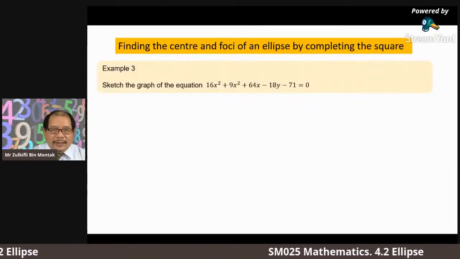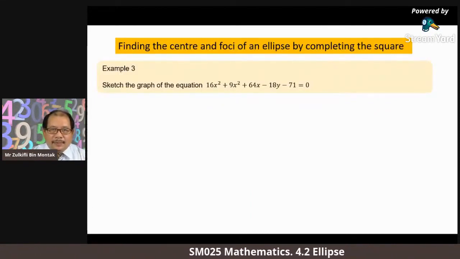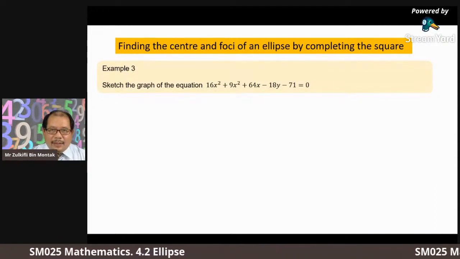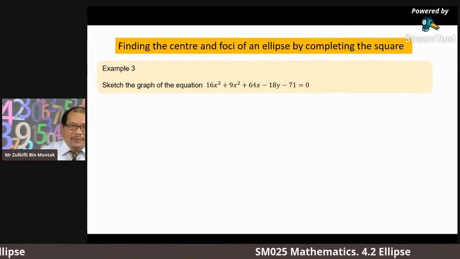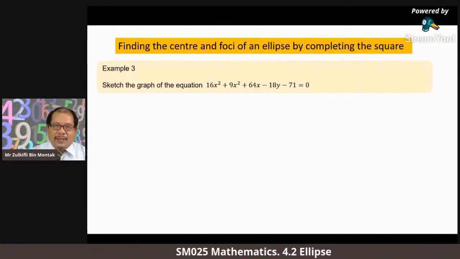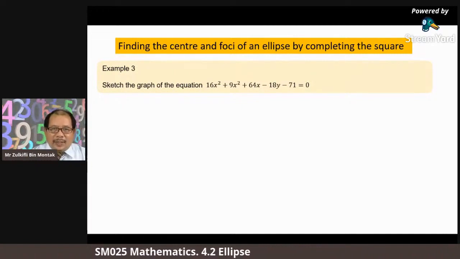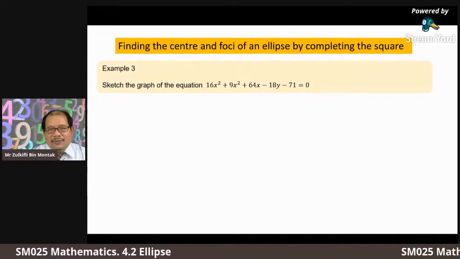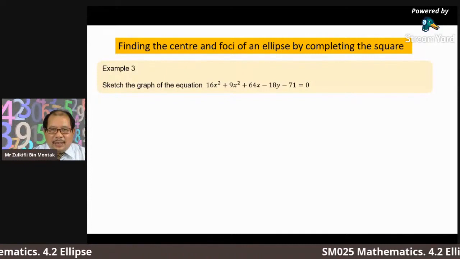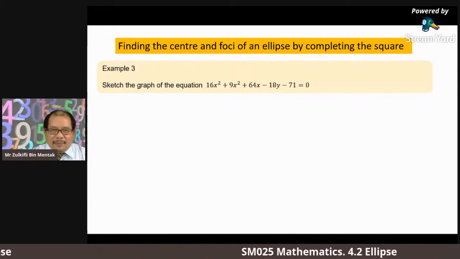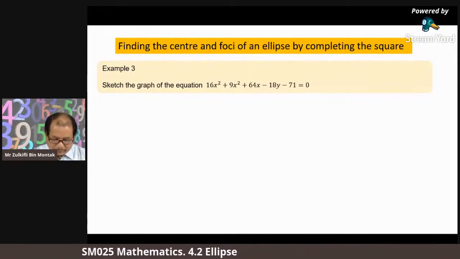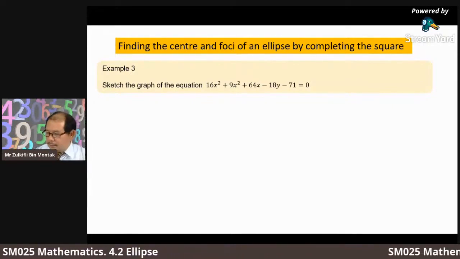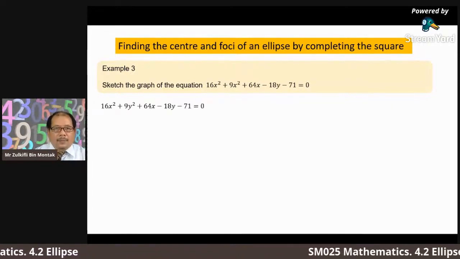Okay, finding the center and foci of an ellipse by completing the square. Sketch the graph of the equation 16x squared plus 9y squared plus 64x minus 18y minus 71 equals 0.